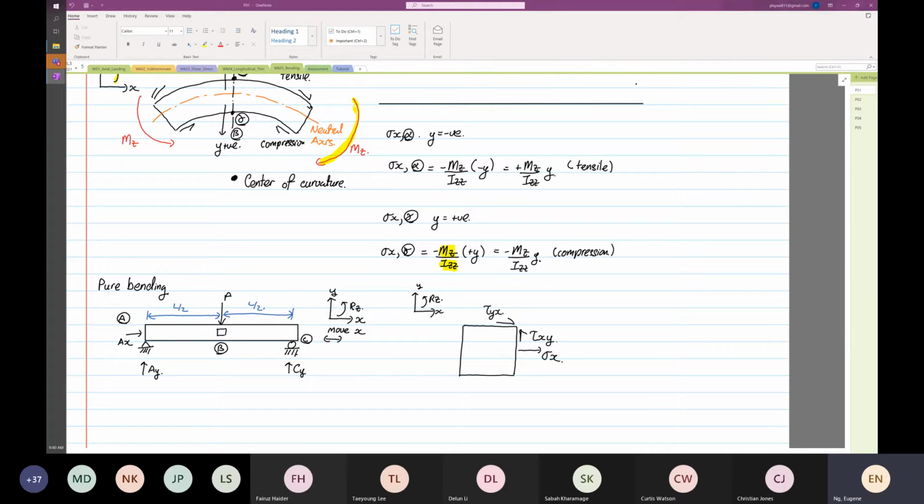Now if we were to draw the cross-sectional view, I'm going to draw it now. Cross-sectional view at point B. We slice this structure, we cut this structure up, and show a cross-sectional view.